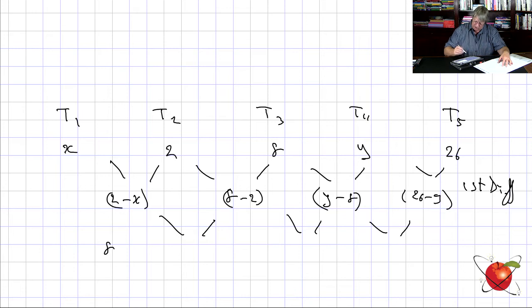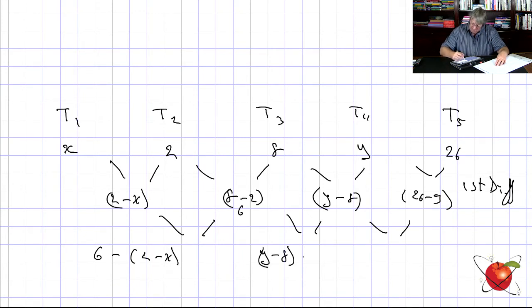Well, I can actually finish that off, can't I? When I get my eraser up, yes. 8 minus 2 is 6, and the rest we don't know. So therefore, I can say 6 minus (2 minus x) is the second level difference. And the next is (y minus 8) minus 6 is the next one.